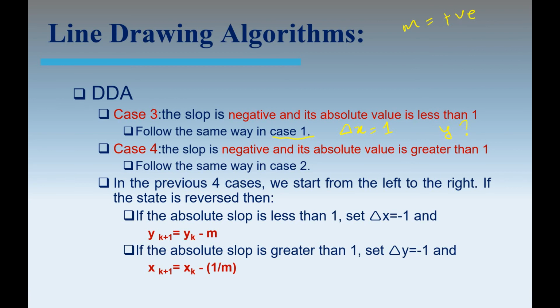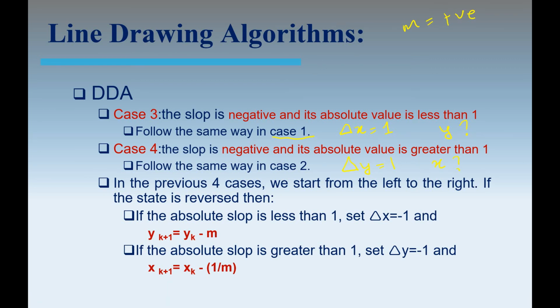And there is another case when the slope is negative and its absolute value is greater than 1. We follow the same way as in case 2, that is, you take a unit step of y equal to 1, and we find the value of x for every iteration.